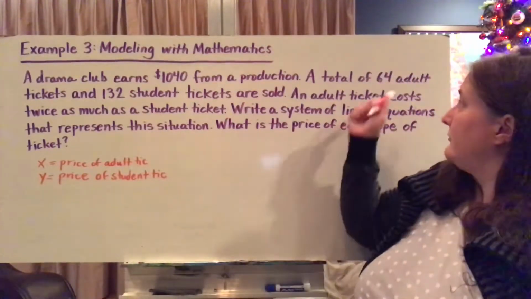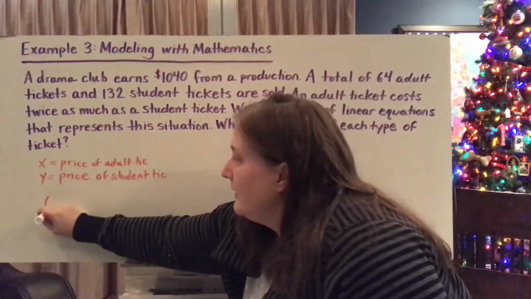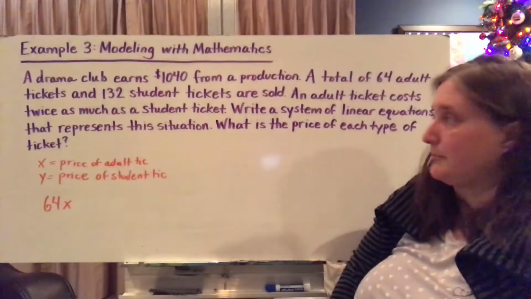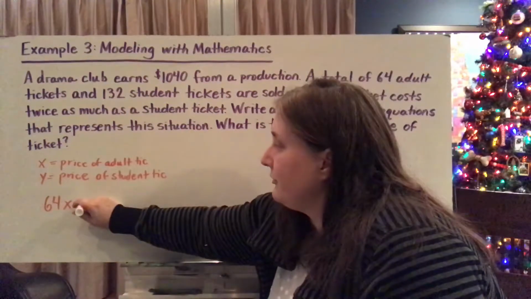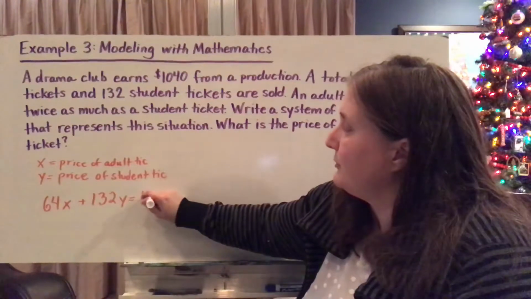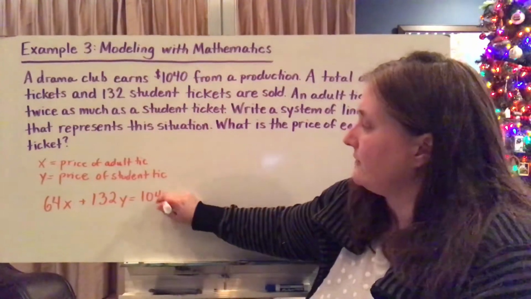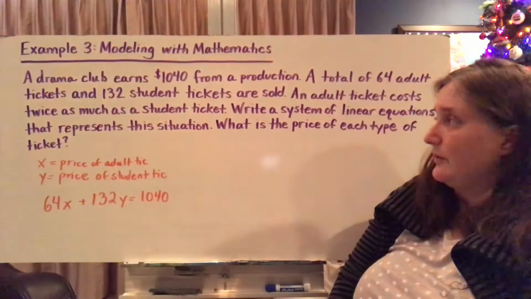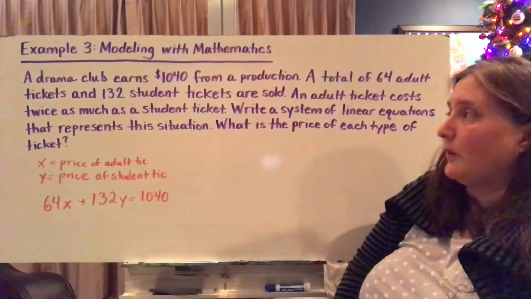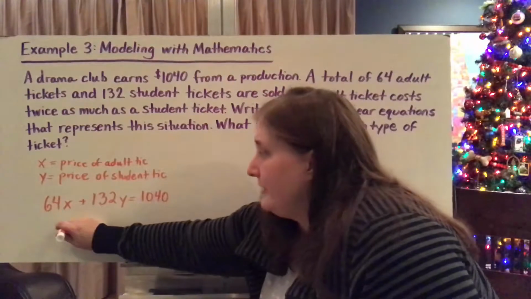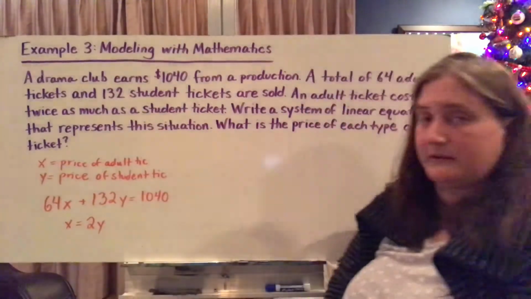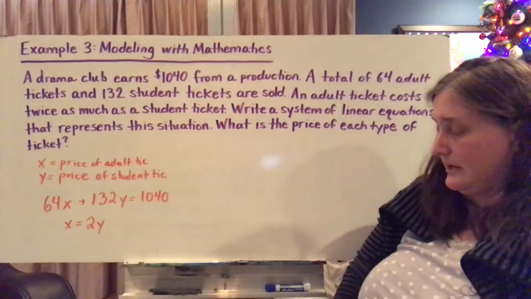So I know that they sold 64 adult tickets, so 64 times whatever price those cost, and 132 student tickets, and that added up to a grand total of $1,040. So there is one equation I can write. They also told me that an adult ticket costs twice as much as a student ticket. So an adult ticket is the equivalent of 2 student tickets. So there's a second equation I can write.